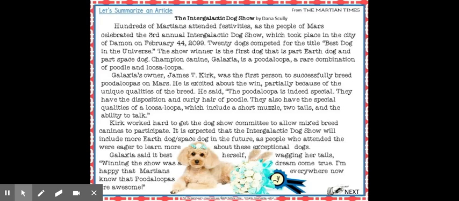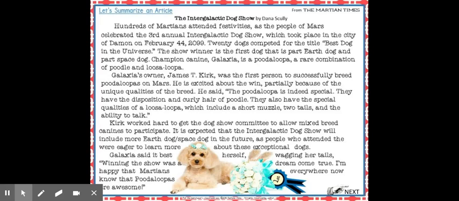The Intergalactic Dog Show by Dana Scully. Hundreds of Martians attended festivities as the people of Mars celebrated the third annual Intergalactic Dog Show, which took place in the city of Damon on February 44, 2099. 20 dogs competed for the title Best Dog in the Universe. The show winner is the first dog that is part Earth dog and part space dog.